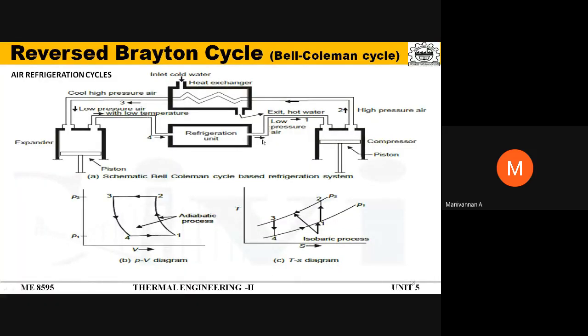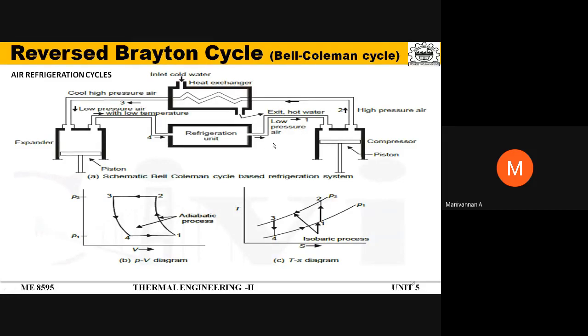Again, I have to use this air at the inlet so that the cycle can go on. I cannot use this hot air as it is. Low pressure cold air is required at the inlet, whereas the air that comes out of the refrigeration unit is low pressure hot air.